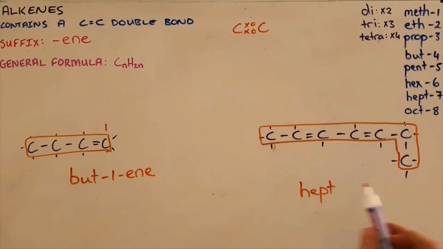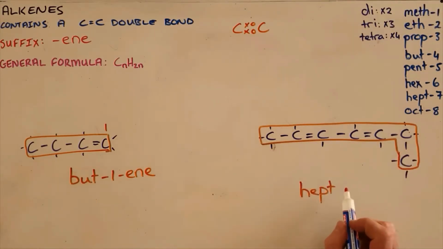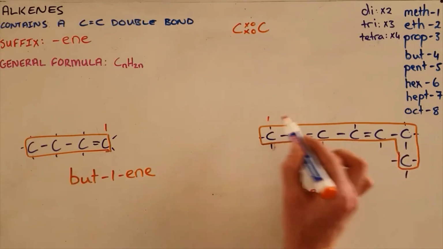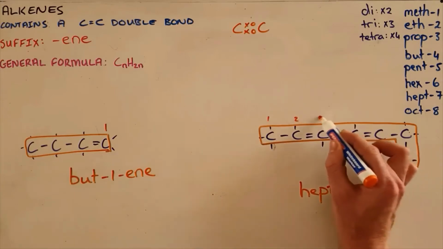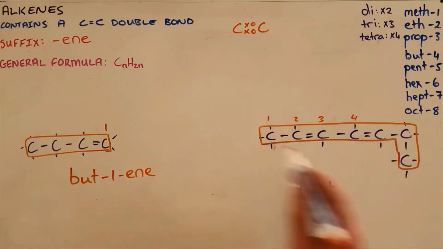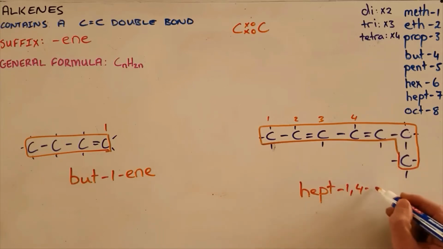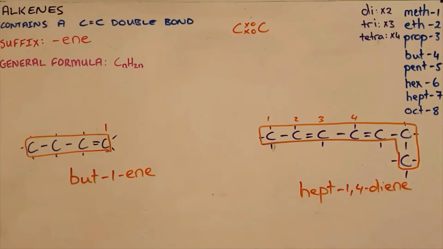And finally, we must indicate the position of those double bonds, and we again choose to number from the side that makes those numbers as small as possible, so we would call this hept-1,4-diene, saying that there are 2 ene, 2 double bonds, and that would be how we name this alkene. In condensed structural formula, we follow exactly the same pattern.